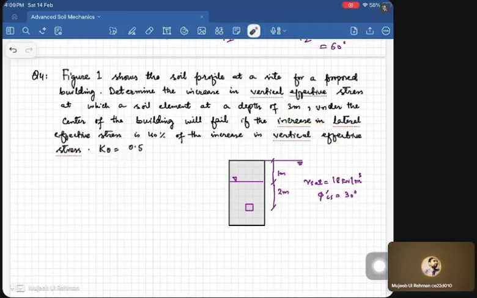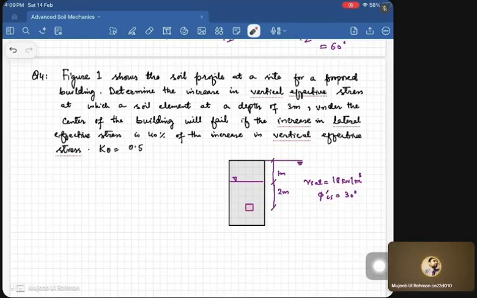The soil profile is shown here. It is the ground level, and the soil element is here. The unit weight of the soil is 18 kN/m³ and the critical state friction angle is given as 30 degrees.